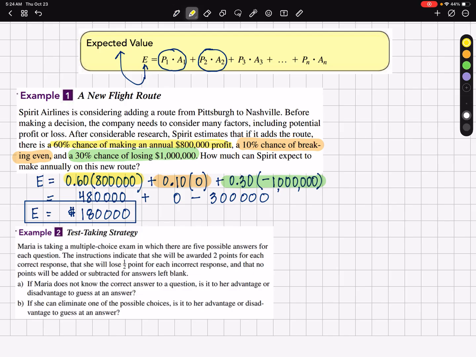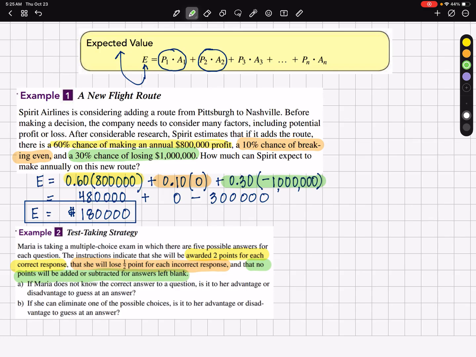So again, we're going to go back to our highlighters and we're going to highlight some important information. She's going to gain 2 points for each correct response, so that's going to be a positive. She's going to lose a half a point for each incorrect response, so that's going to come away from her score. That will be a negative. And no points will be added or subtracted for answers that are left blank.